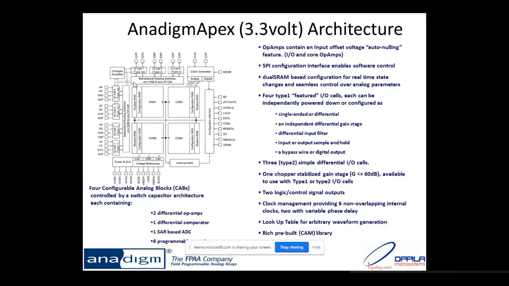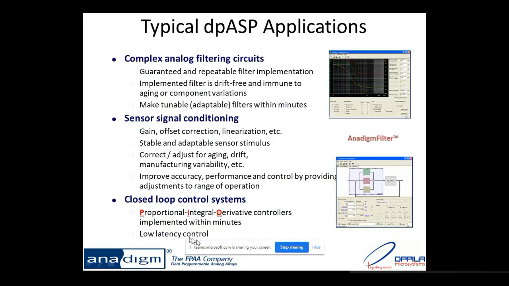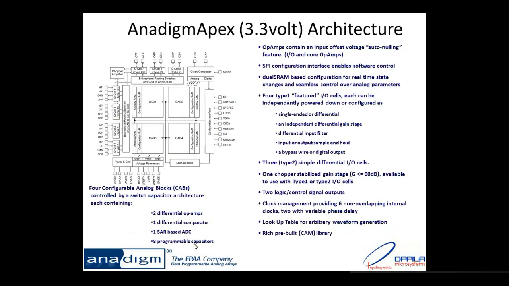Inside each CAB, we have 2 differential op-amps, 1 differential comparator, 1 ADC, and 8 programmable capacitors.